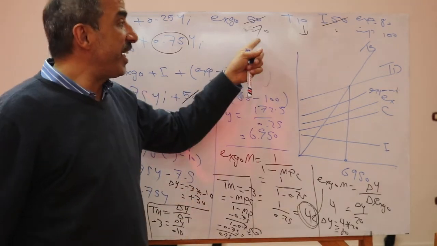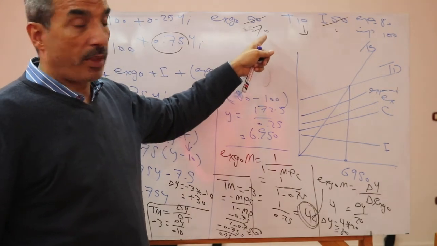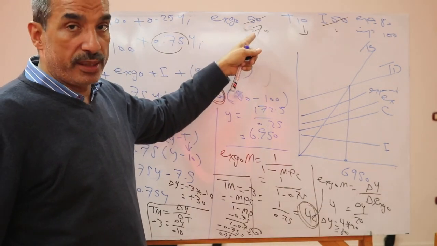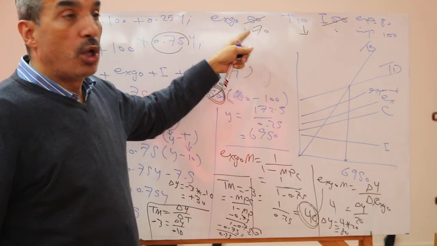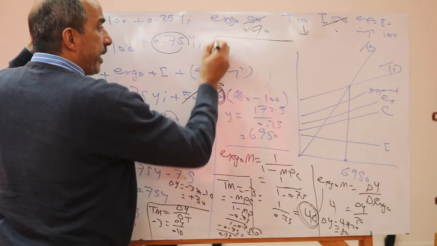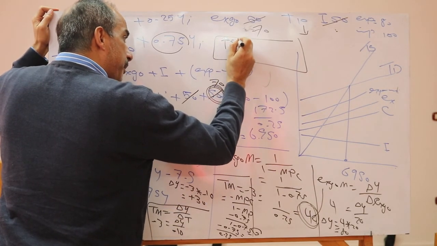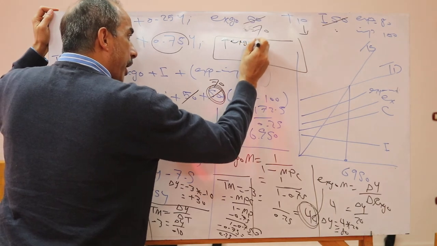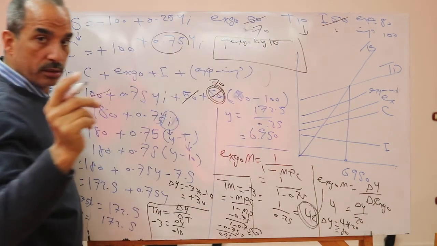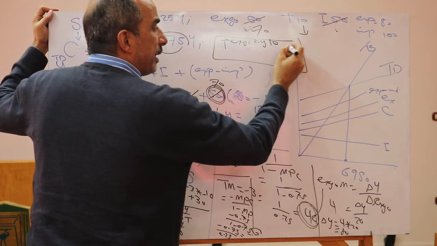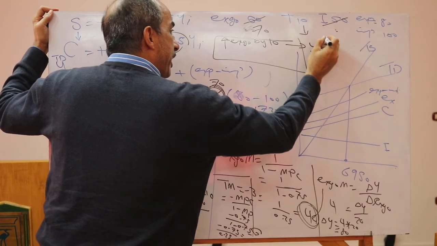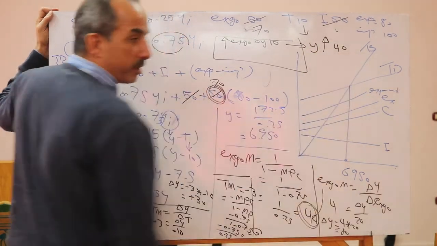When we increase the expenditure government by $10 million, income increase by $40 million.